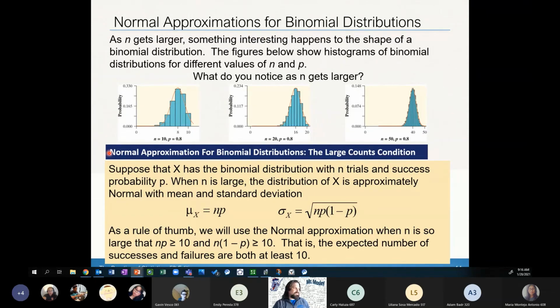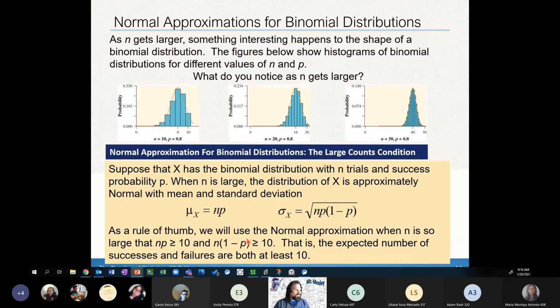Suppose that X has the binomial distribution with n trials and success probability p. When n is large, the distribution of X is approximately normal with mean and standard deviation calculated the same way we did previously. The mean is n times p, the standard deviation is the square root of n times p times 1 minus p.